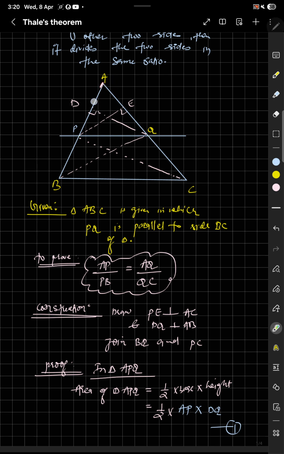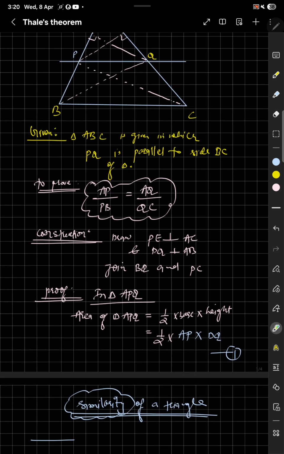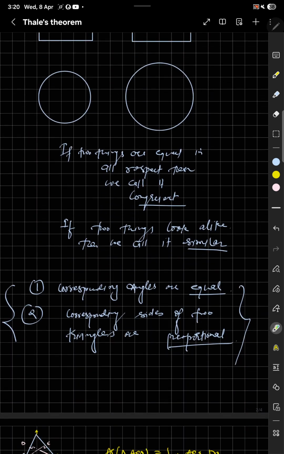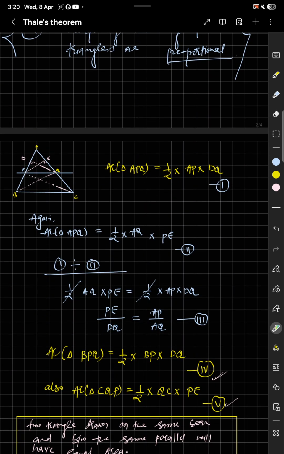We found the area of the triangle in two different ways, took the ratio, cancelled out the common things, and we got PE upon DQ is equal to AP upon AQ.